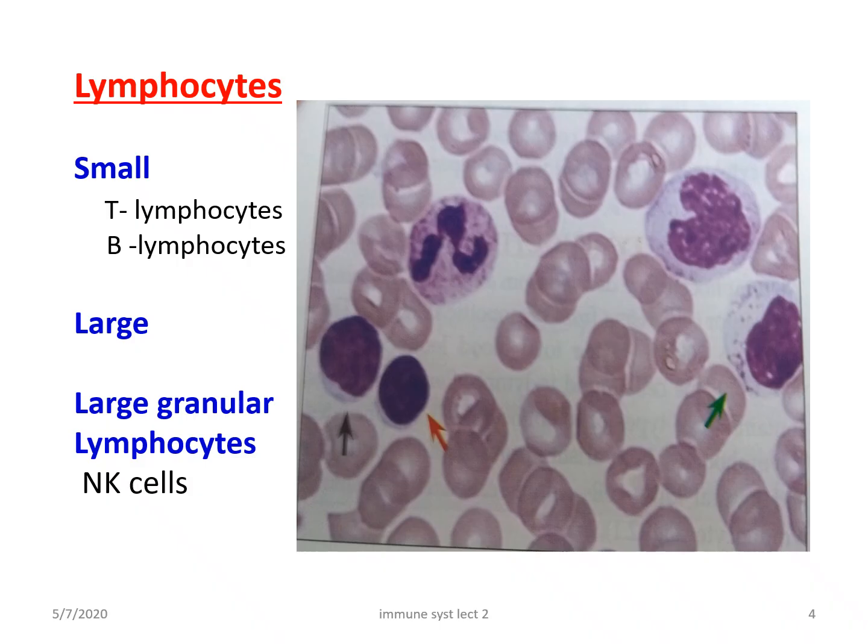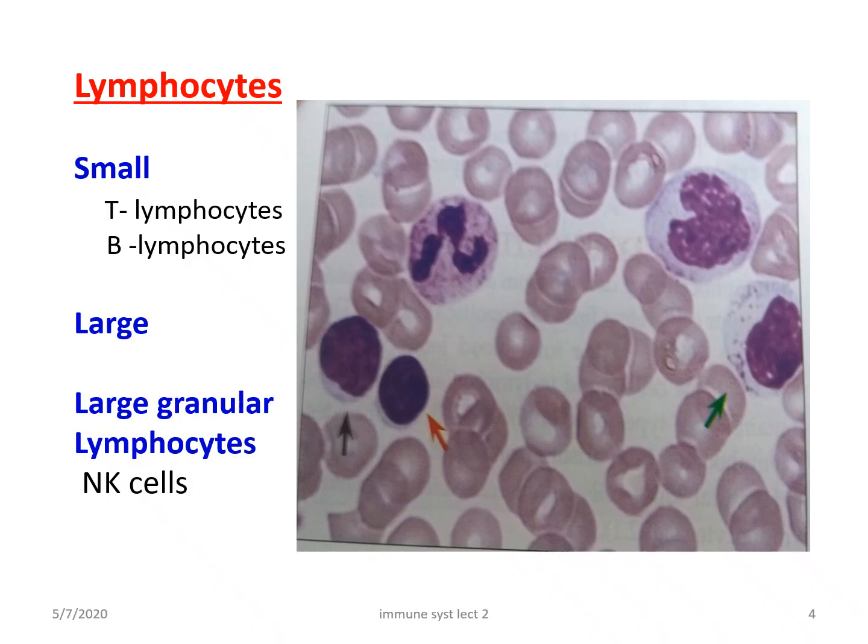Adjoining to that is a large lymphocyte, indicated by the black arrow, and you find this cell is relatively bigger and has a relatively thicker margin of cytoplasm around the nucleus. Another cell is shown by the green arrow, which indicates a large granular lymphocyte, and you can clearly see the granules in the cytoplasm. This cell is quite large.